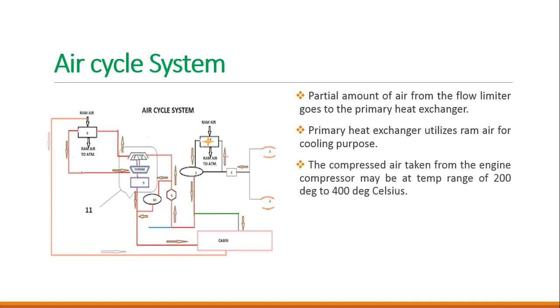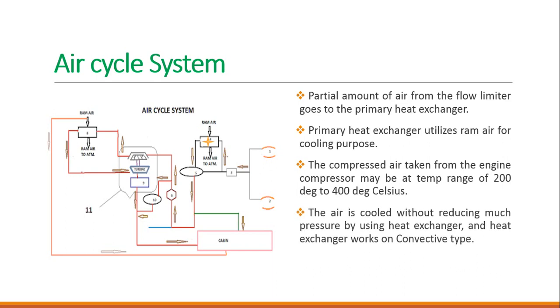The primary heat exchanger utilizes ram air for cooling purposes. The compressed air taken from the engine compressor may be in the range of 200 to 400 degrees Celsius. Here the air from the compressor is cooled without reducing much pressure by using this heat exchanger.